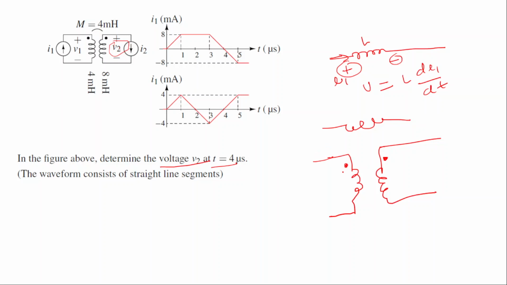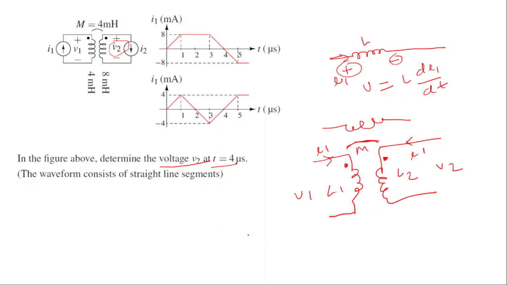Suppose this dot is present and current is entering at this node. Then the voltage induced due to the mutual inductance M will be positive. Suppose this is L1 and this is L2, and we want to find the voltages V1 and V2.